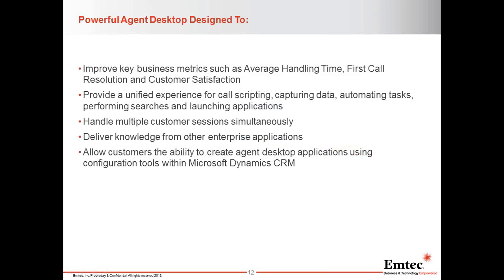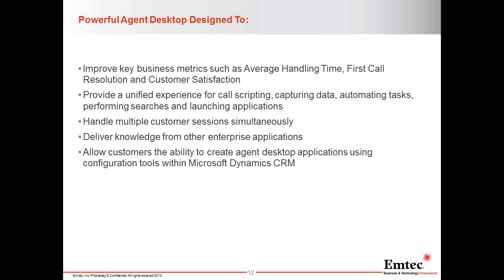Some of the design criteria were to improve the business metrics overall for a call center. In other words, reduce the average handling time, increase first call resolution, and, most importantly, increase customer satisfaction. They wanted to provide a unified experience, with the ability to have different scripts for different types of requests that come in.